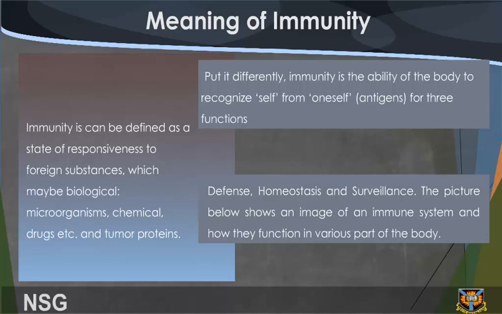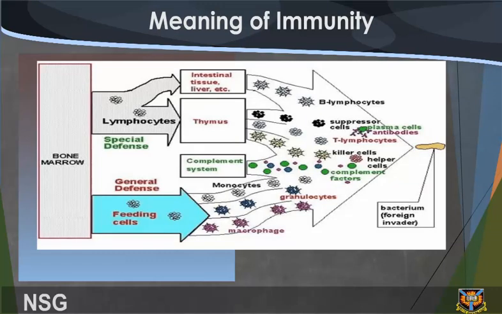Put differently, immunity is the ability of the body to recognize self from non-self antigens, for three functions: defense, homeostasis, and surveillance. The picture below shows an image of an immune system and how it functions in various parts of the body. See picture.